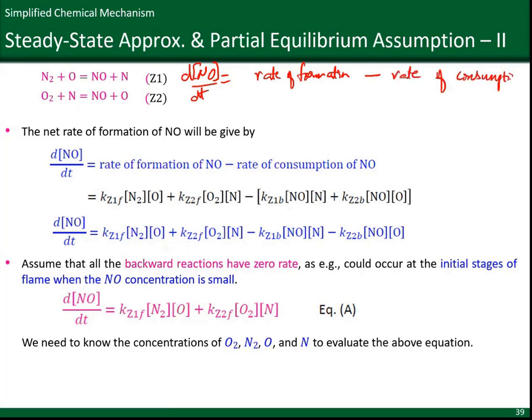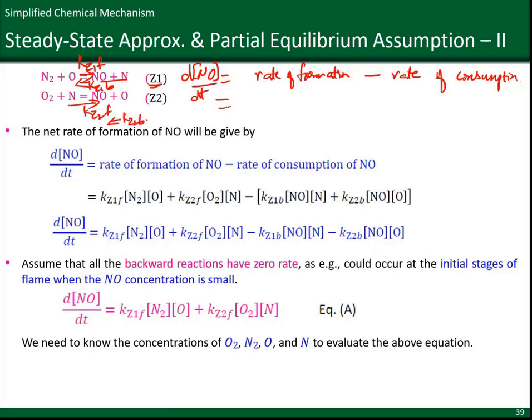For this first reaction, Z1, the forward direction, we'll call the reaction rate coefficient KZ1F. Backward meaning the products become the reactants, and in the backward direction we'll call this KZ1B. Same way for the second reaction: forward direction, we'll call it KZ2F, and backward direction, KZ2B.